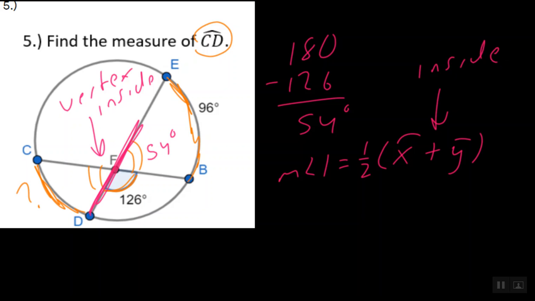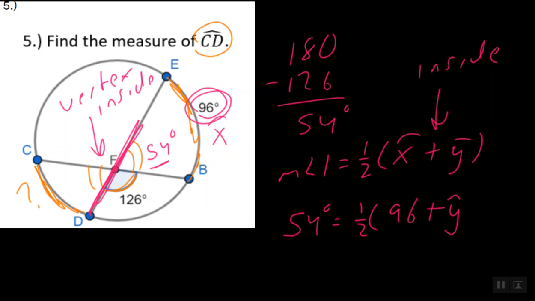And so of course our angle right here is 54 degrees is equal to 1/2 parentheses. This is clearly larger than 54, so that must be our arc X plus arc Y, the arc that we don't know. And if you'll recall, there is a trick to getting rid of 1/2. What's our trick for getting rid of 1/2? Alright, well that concludes this one, and I'll see you guys in our next video.